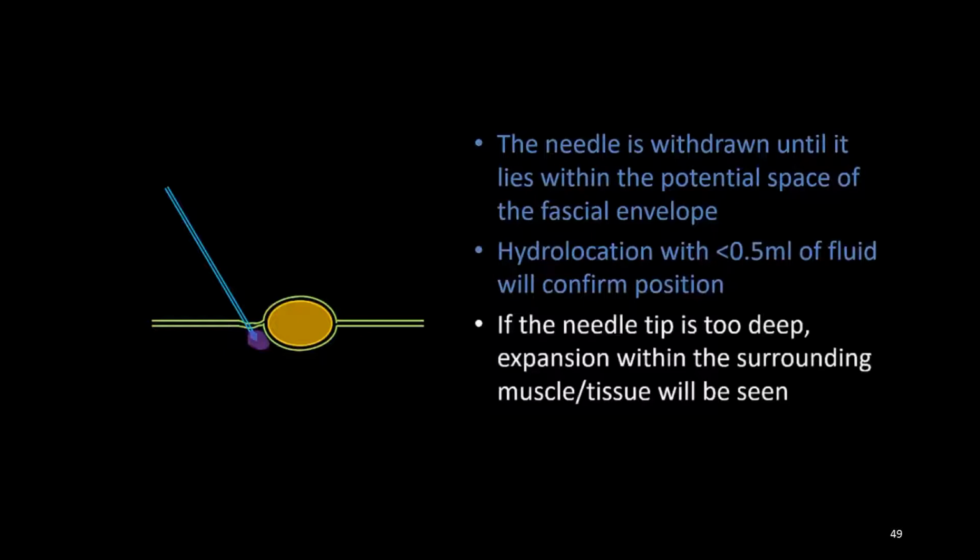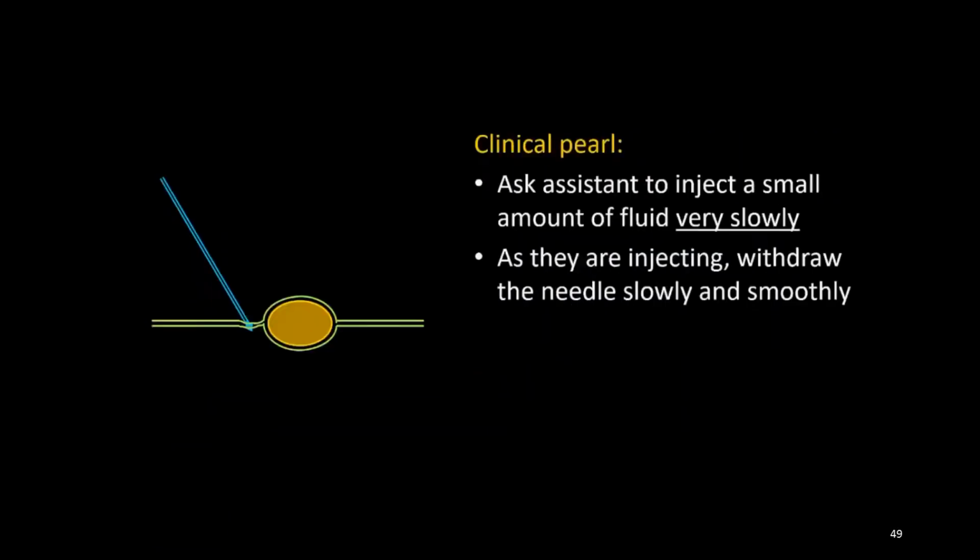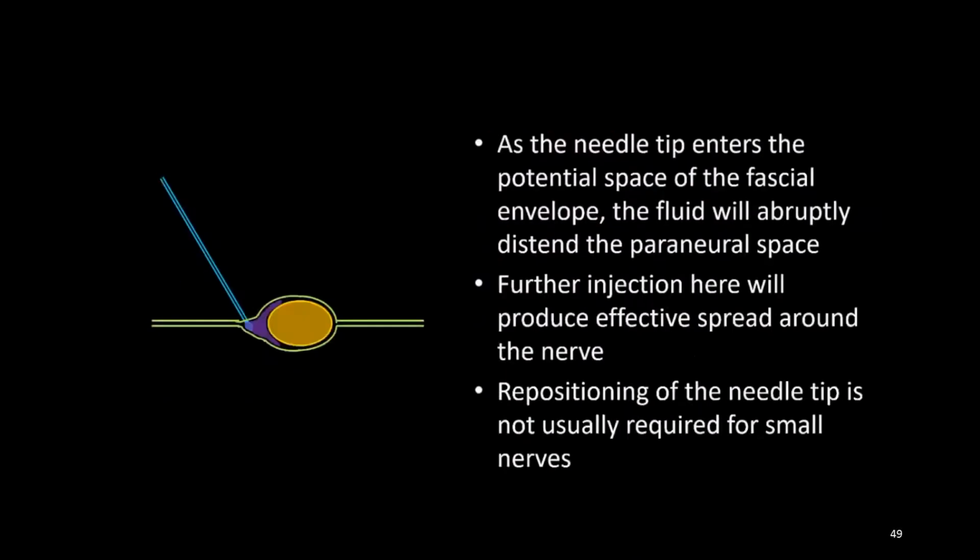We'll keep withdrawing the needle slowly and smoothly till the needle reaches the potential space, and then the drug which we are giving will distend the paraneural space, and on further injections it will produce a significant spread around the nerve.